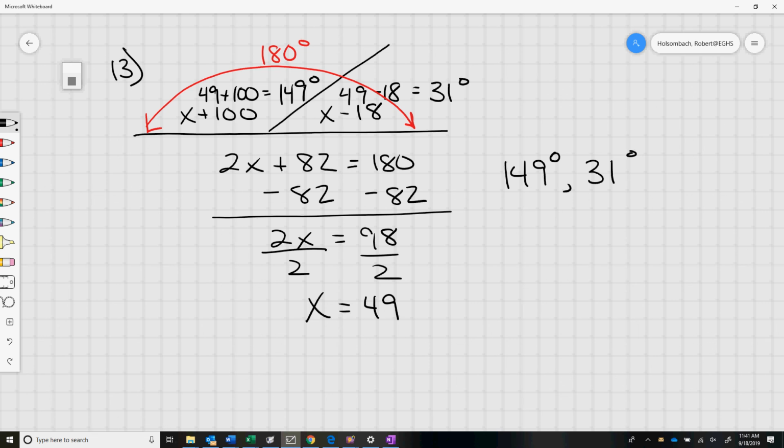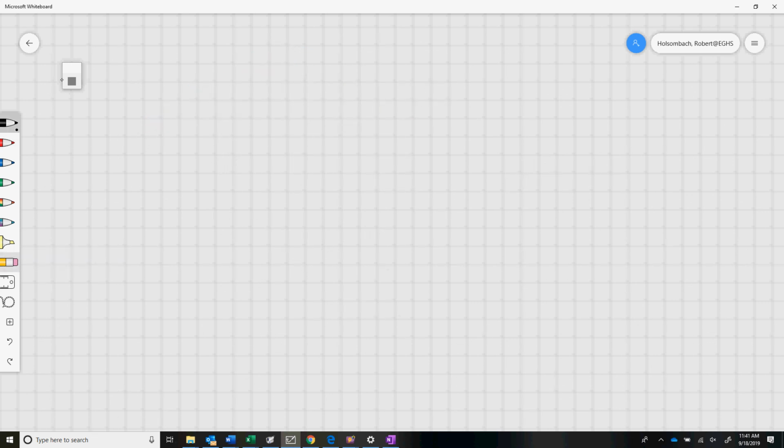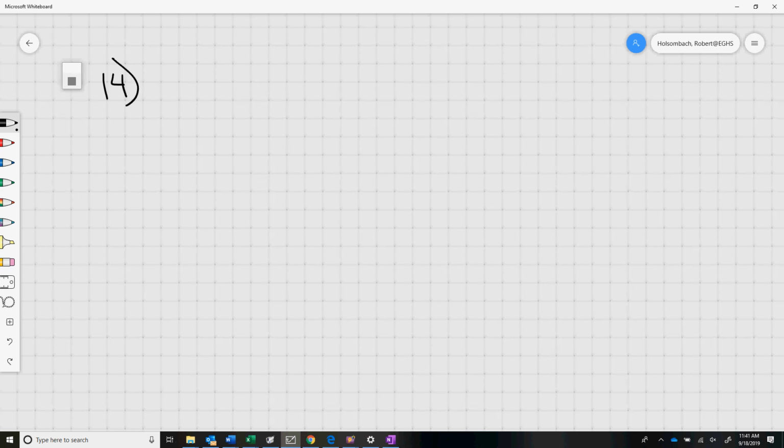Number 14, you are told that DFG and JKL are complementary angles. Complementary angles sum 90. So you've got an x plus 6 plus an x minus 8 that equal 90 degrees.